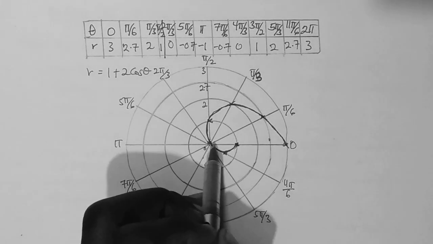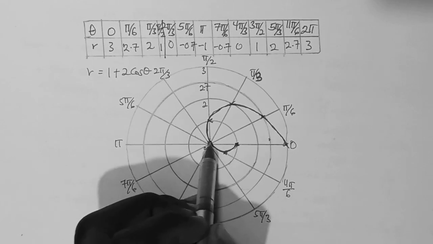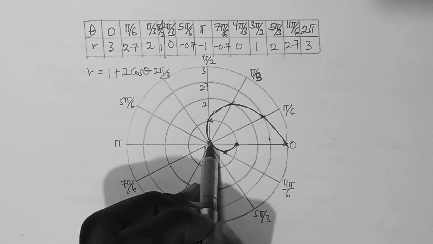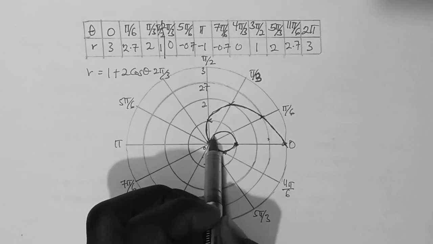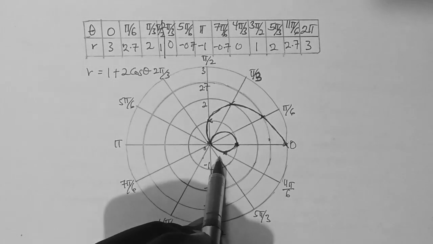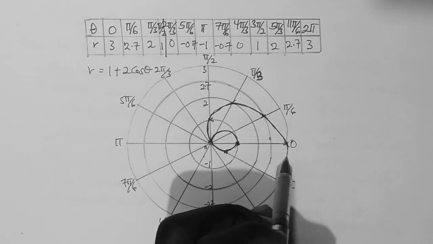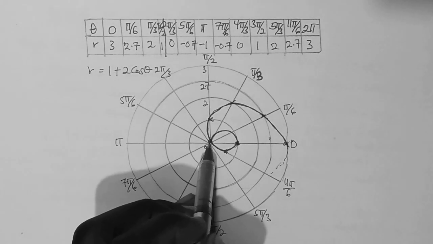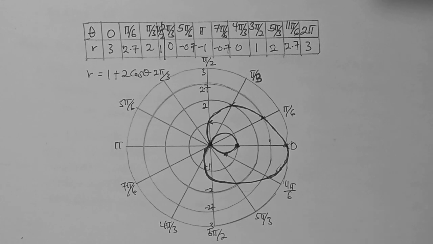In drawing the symmetry, we need to draw the same arc like this on top here. So using symmetry rules, the one at the top is going to look like this. And using symmetry rules, this one about the polar axis is going to look like this. So this is how our curve is going to look finally. And this is what is known as a limaçon with an inner loop.